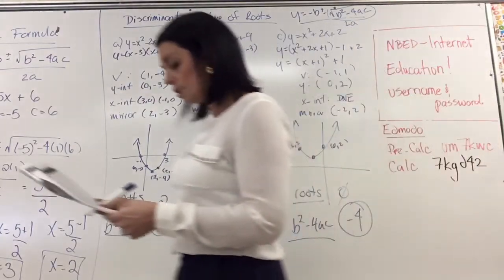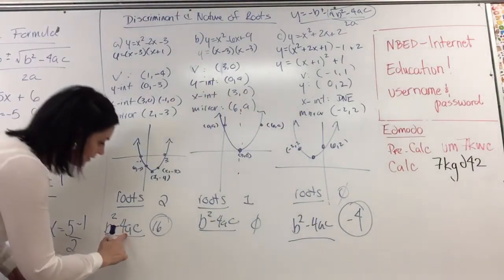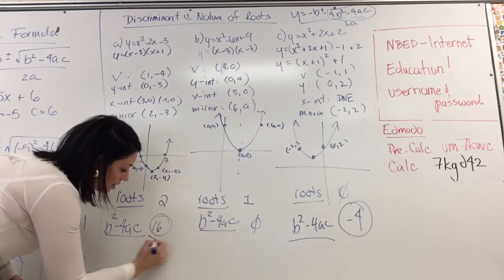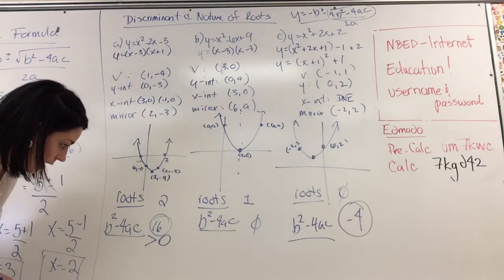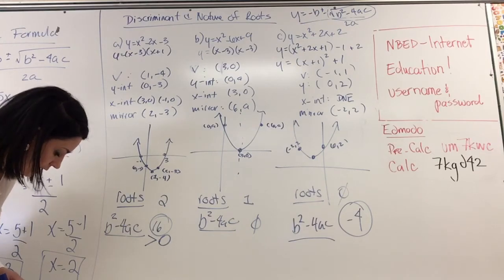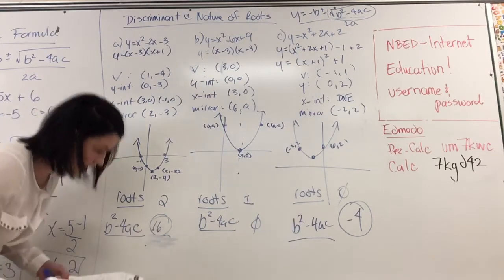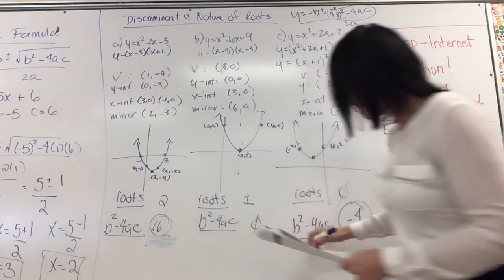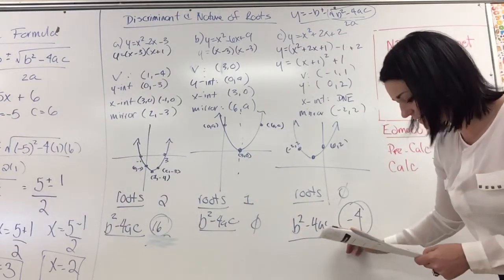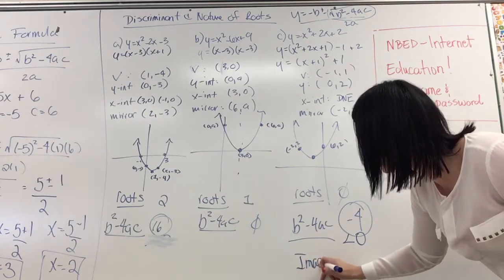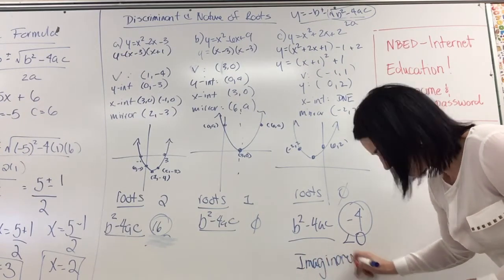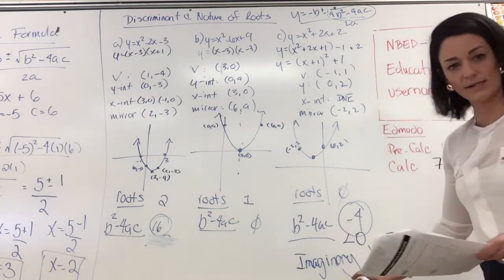So our final conclusion: it's a different order on your page, so I'll go in the order on the page. If b squared minus 4ac is less than 0, we call these roots imaginary roots. You have imaginary roots and no x-intercepts.